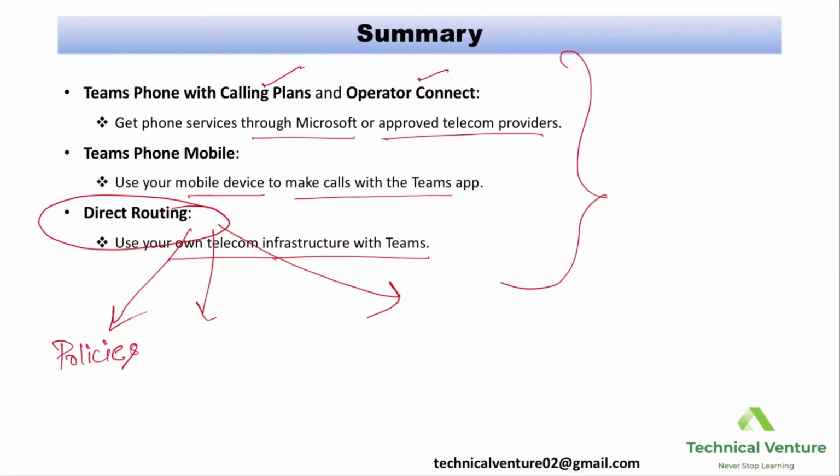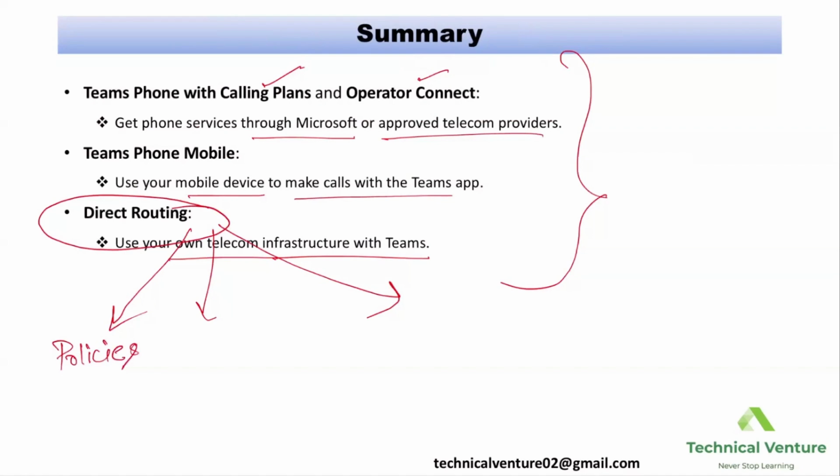Under the Teams Admin Center, we mainly have a tab for voice. Under that voice tab, we have different things, where we have calling plan, operator connect, direct routing. It doesn't say directly direct routing, but I don't remember what it says actually.